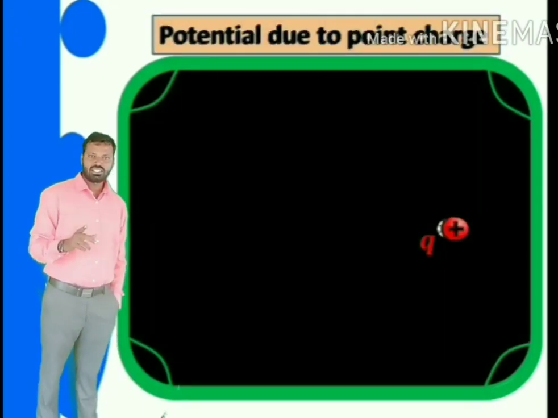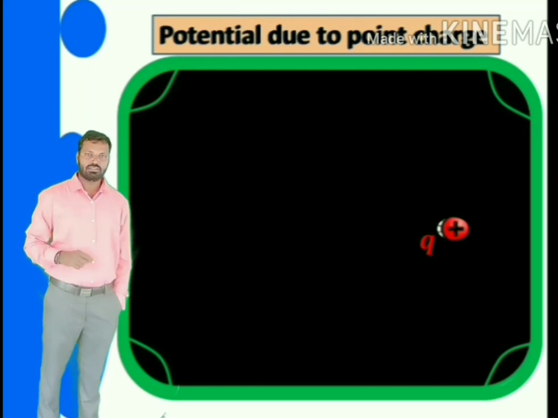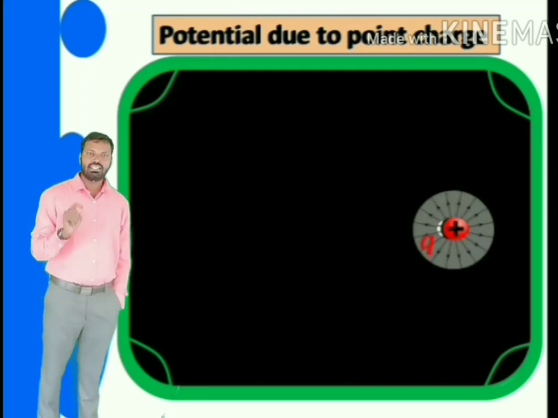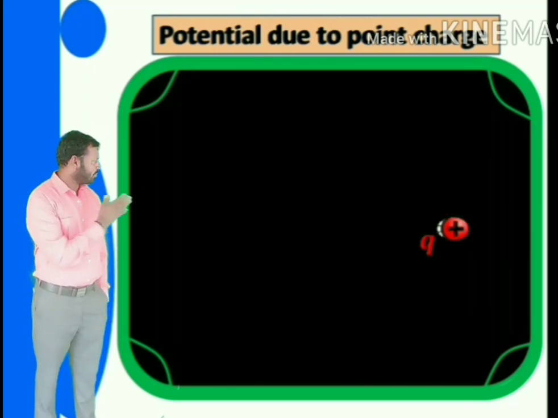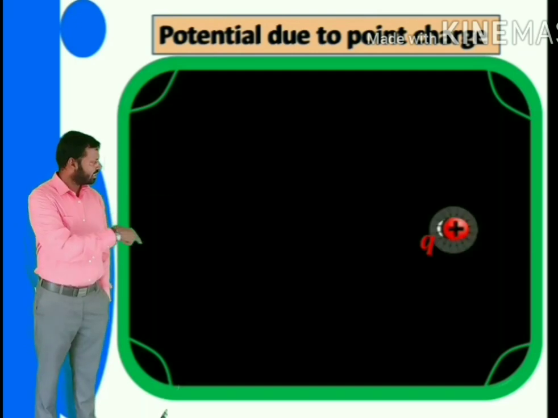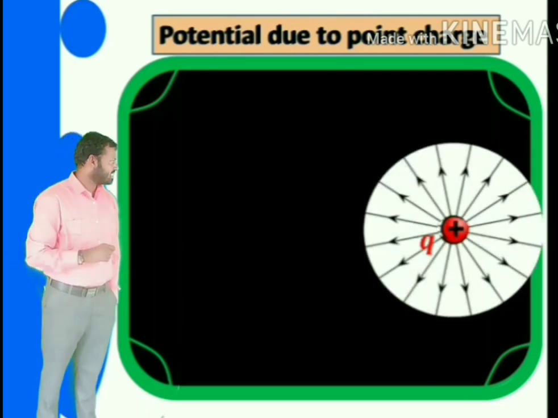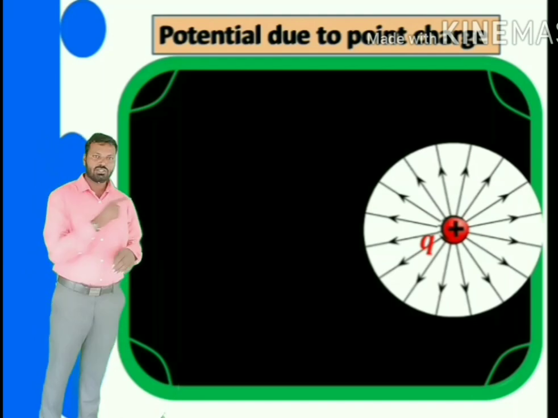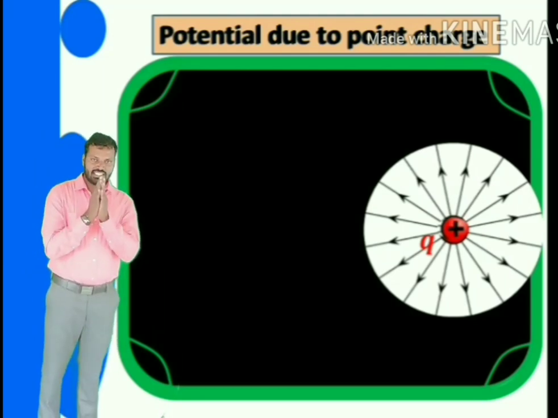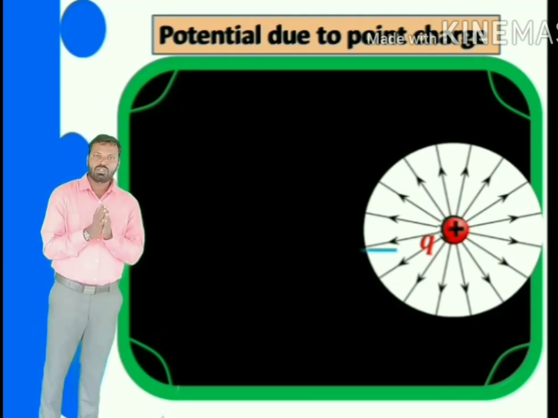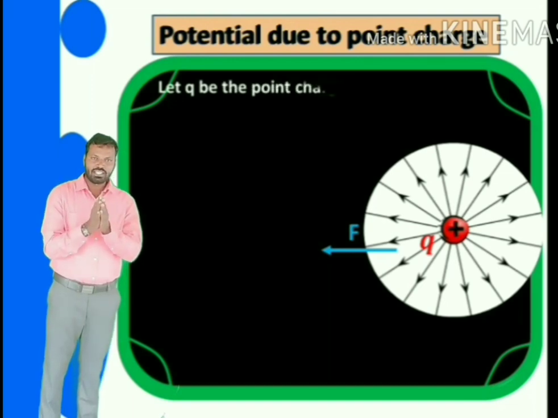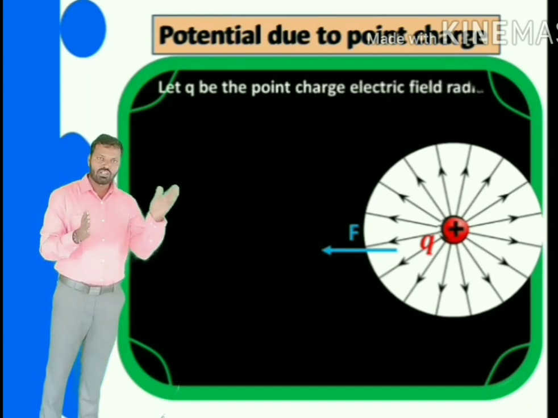Next, potential due to a point charge. Let us consider a charge plus Q which is at this point. Now these are the electric field lines which indicate the electric field direction. So this is the electric field. Since it is a positive charge, the force is always experienced radially outward from the center.